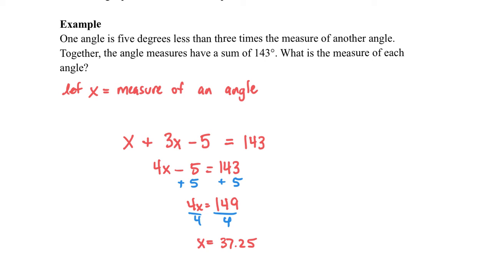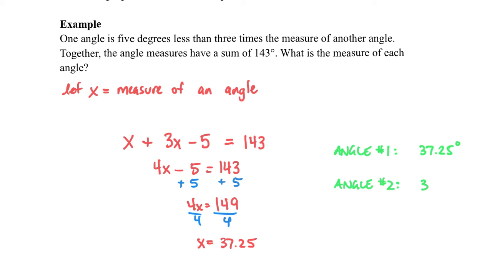What is the measure of each angle? So I'm just going to say that one of these is angle 1, and the other one is going to be angle 2. So angle 1 is just x. So this one is going to be 37.25 degrees. The other one is 5 less than 3 times that one. So I have to go to the calculator for that one. I'll just go ahead and write it out.